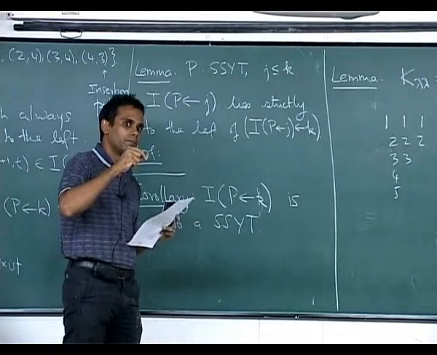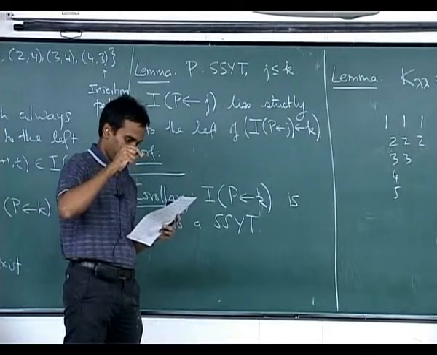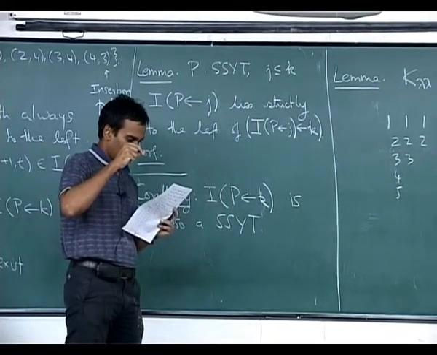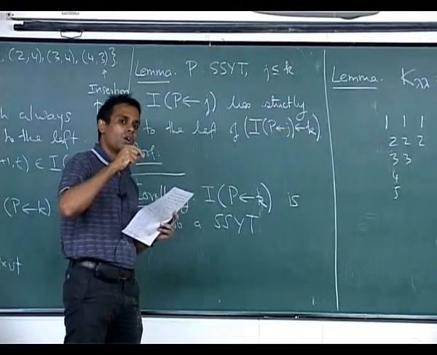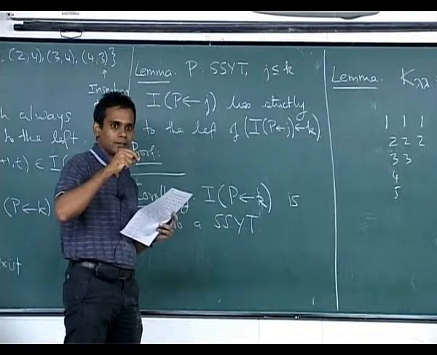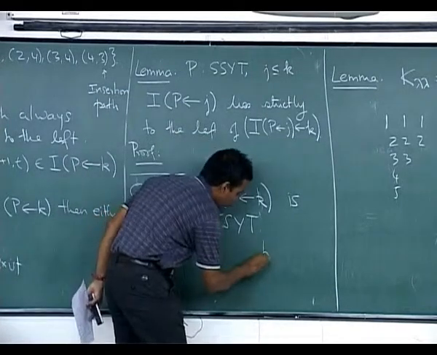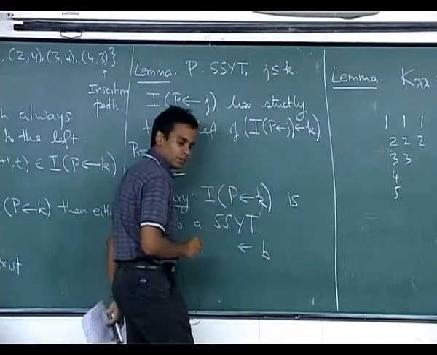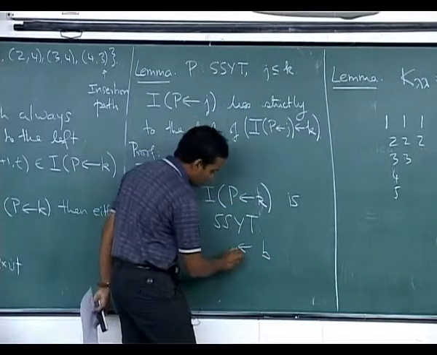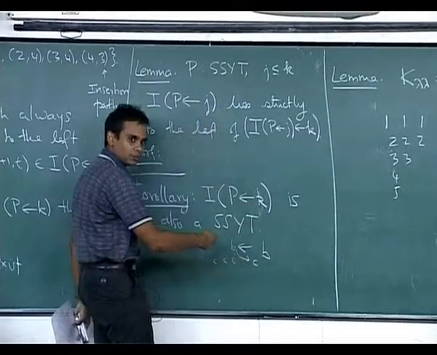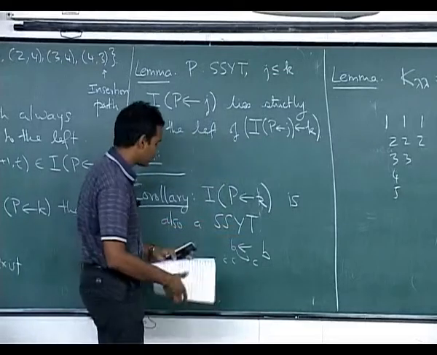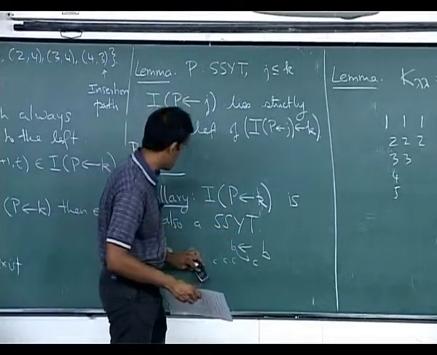And this goes to a column that is weakly to the left of B. So I am putting B into some row, and it bumps up something in the first row, but each time after that, when you bump something up, it comes to rest below something strictly smaller than it.